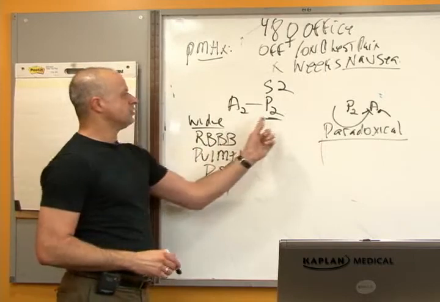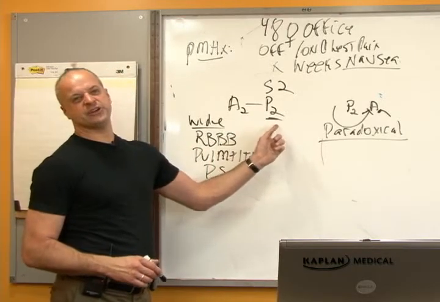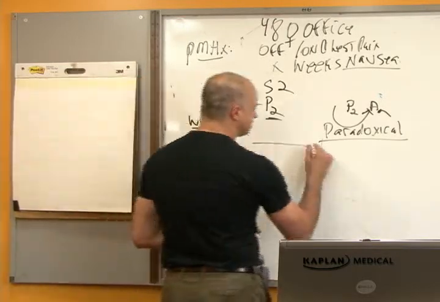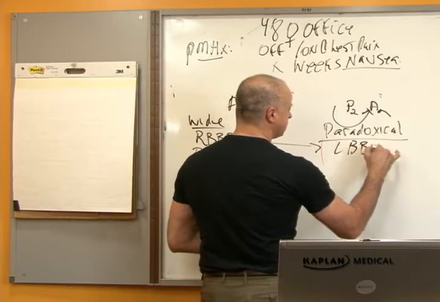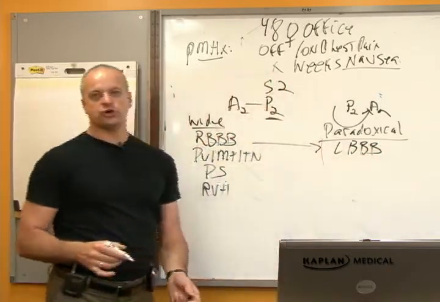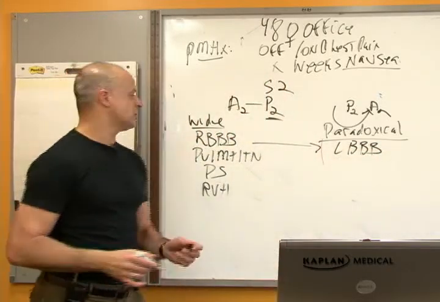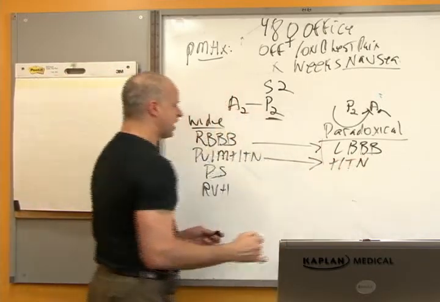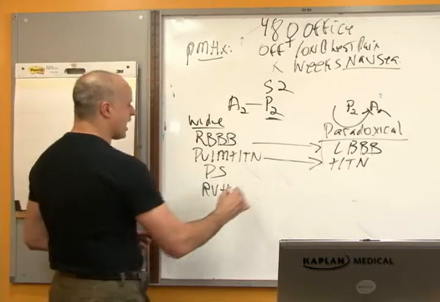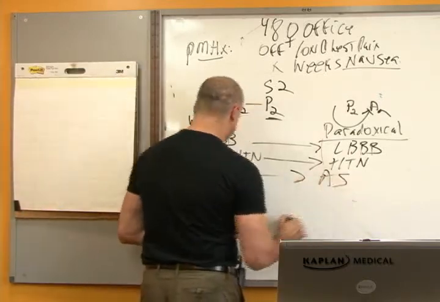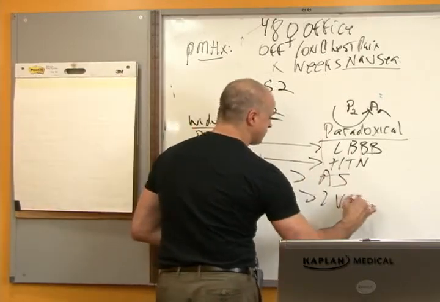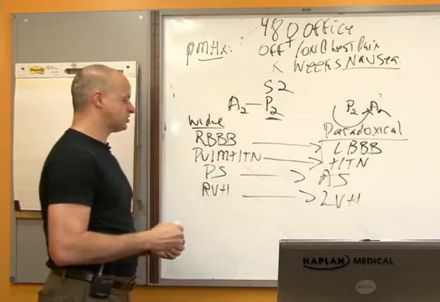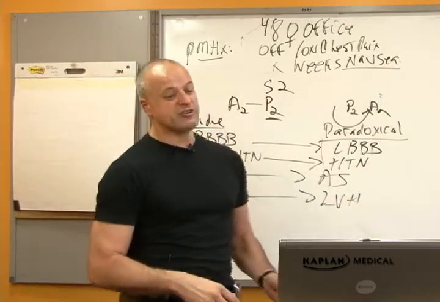If right bundle branch block slows the contraction of the right ventricle, then left bundle branch block slows the contraction of the left ventricle. Hypertension, aortic stenosis, and left ventricular hypertrophy do too. Splitting is very nonspecific.